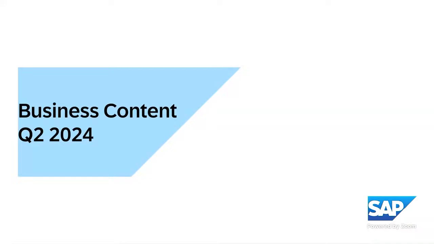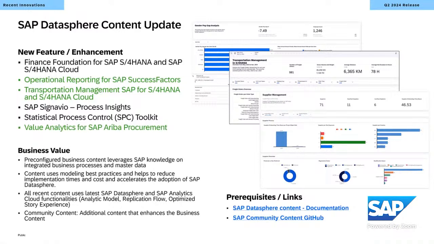And if we look at the details here, there are some packages which are updated, and there are some new packages. The new ones are colored here in green in the list on the top left, what you see here. So what we basically delivered is we enhanced the finance foundation for SAP S/4HANA and S/4HANA Cloud.